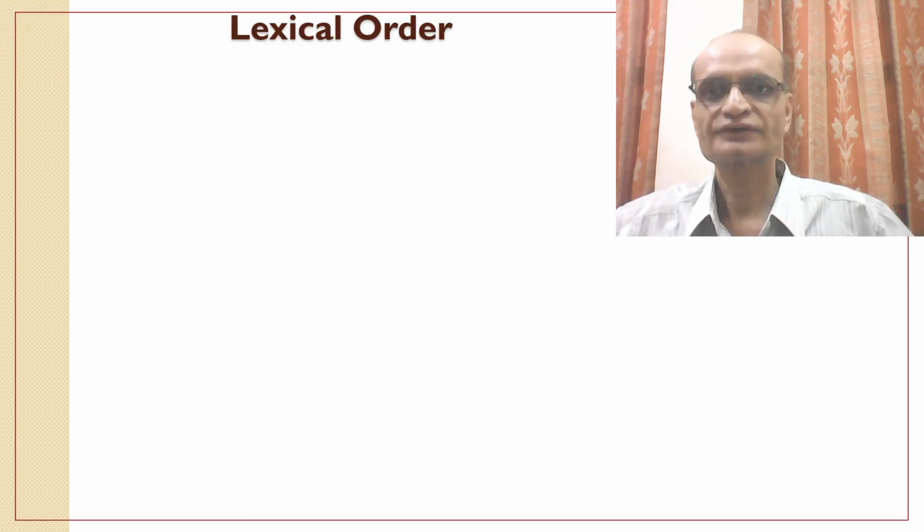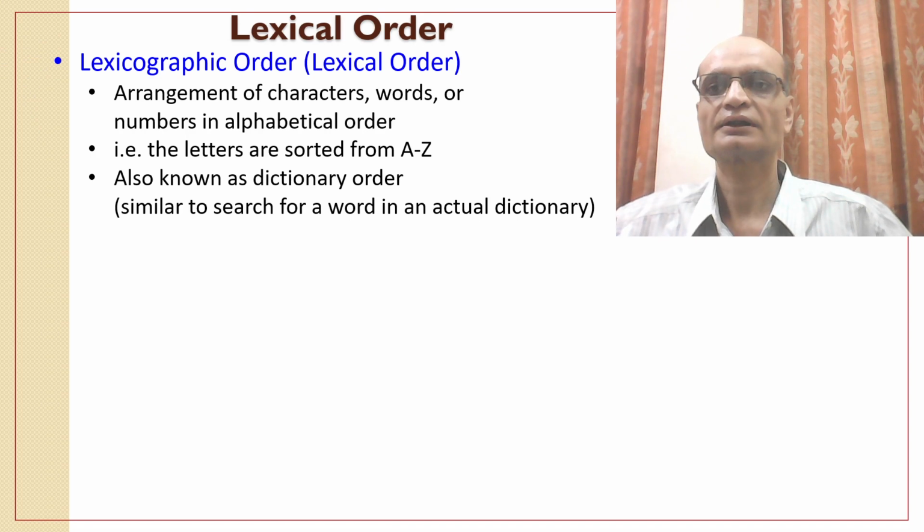When we want to understand lexical order or lexicographic order, here we are essentially talking about arrangement of characters, words or numbers in alphabetical order. That means we are talking about the letters in a sorted form, say from A to Z. When we consider this scenario, it is also known as dictionary order.